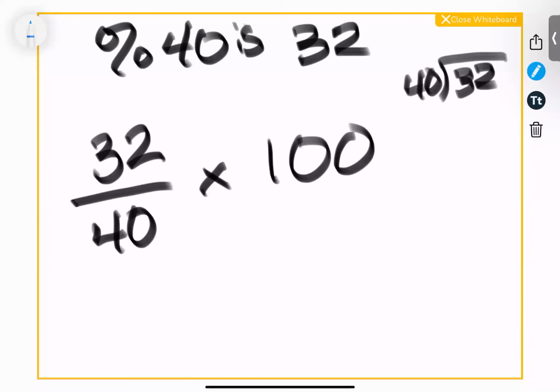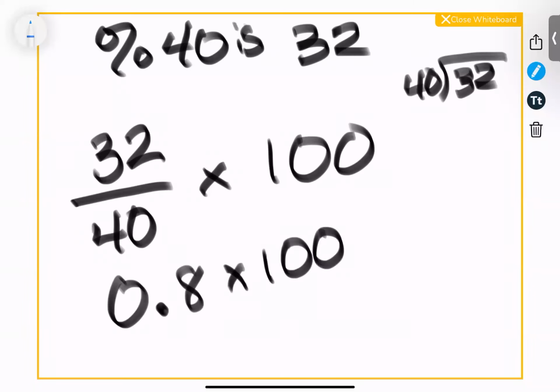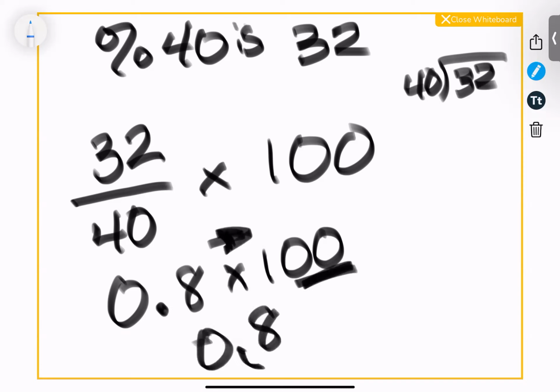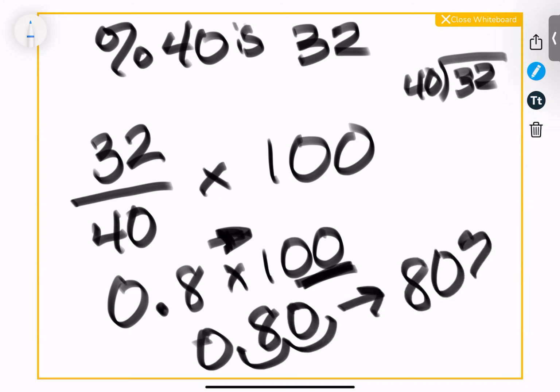When I divide 32 by 40, I'm going to get 0.8 or 8/10. I'm going to multiply that by 100. Remember, multiplying it by 100 means move the decimal to the right two times. So when I move this decimal to the right two times, 1, 2, I end up with 80%. So 80% of 40 is 32.